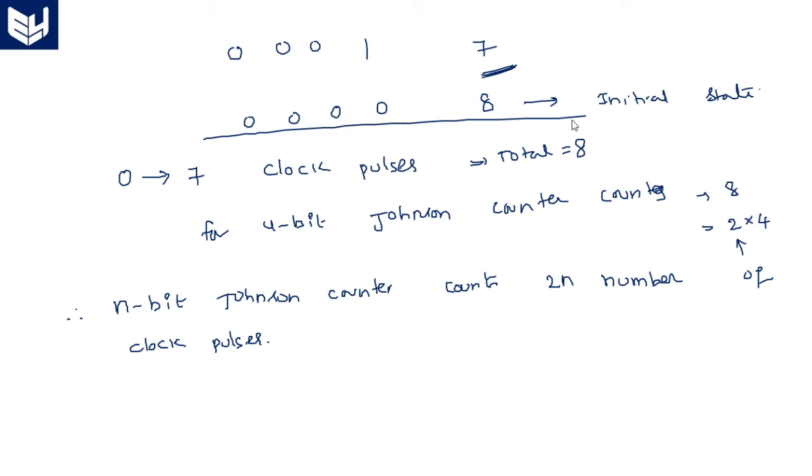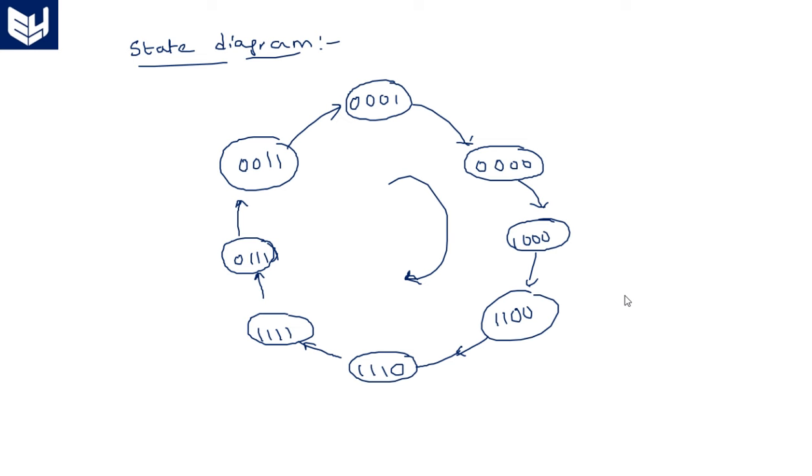That's why we can write it is 2n, very important. And the state diagram shows the way states are changed. Now coming to the VHDL code for this Johnson counter.